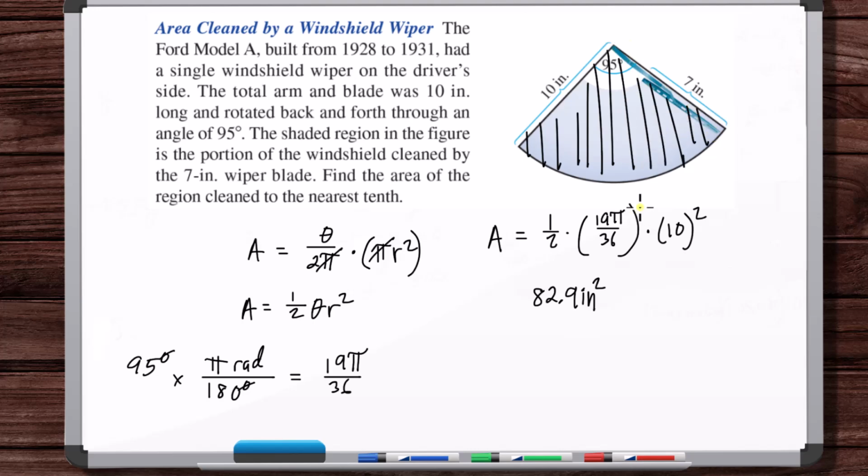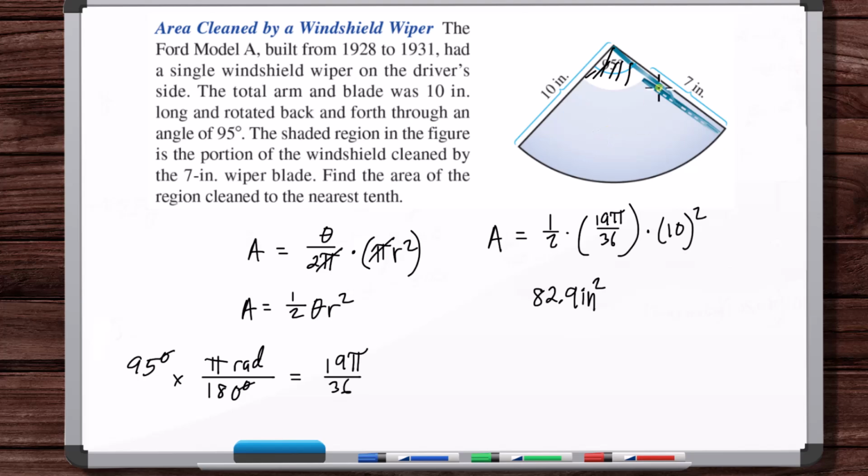Okay, but that's this area. That's not the area cleaned by the windshield wiper, because from that area we need to subtract out this area. How do we do that? Well, we use the exact same formula with the exact same angle, but just the radius is going to be different.